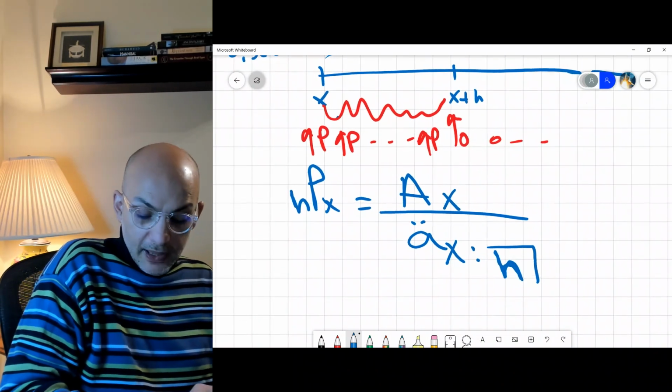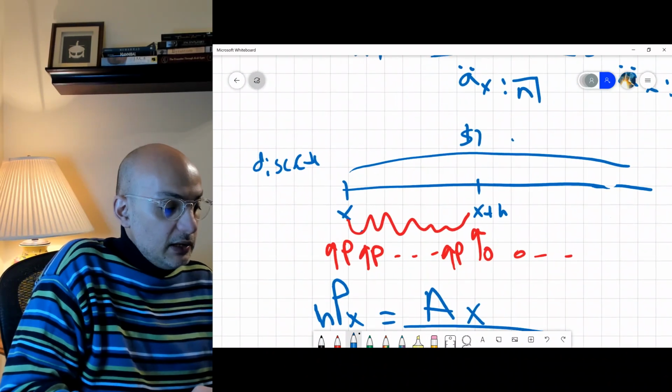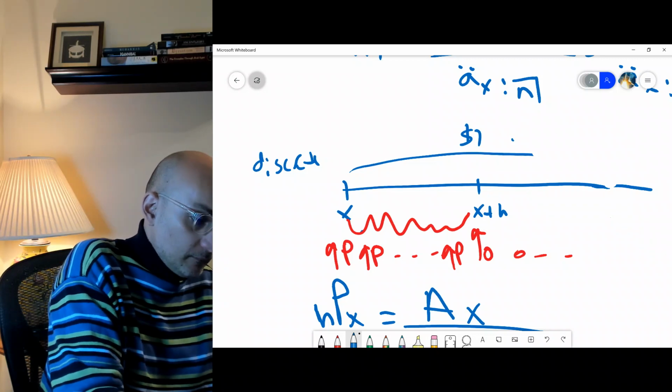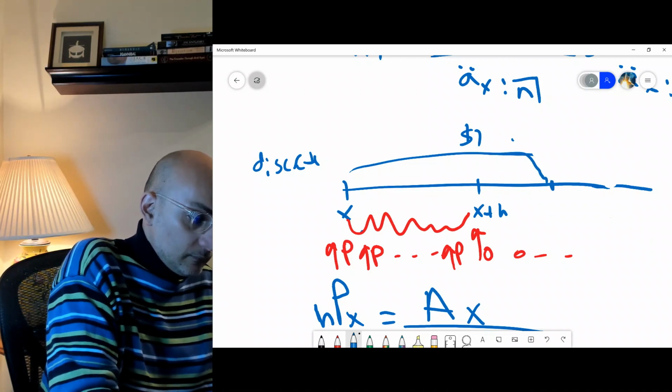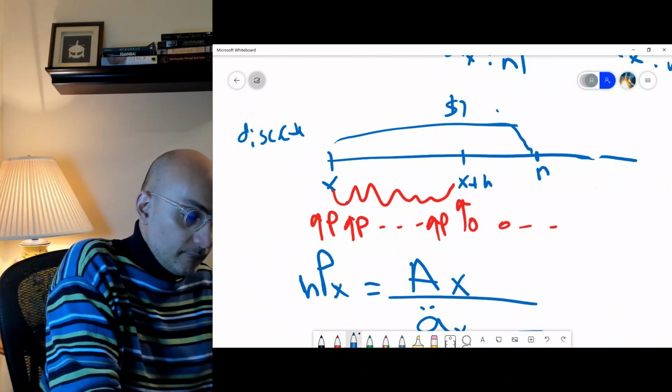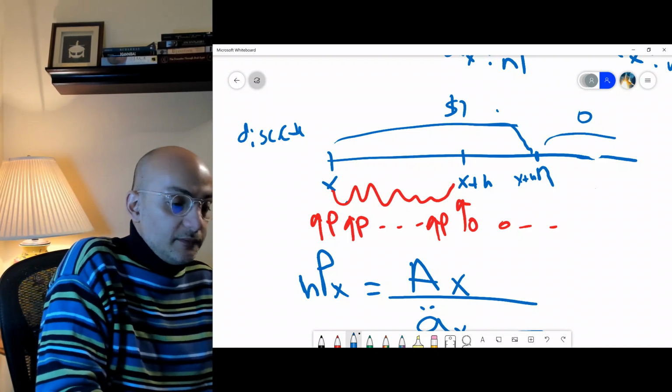Simple. You can play with it, right? Imagine if this one is paid only to N, and then after that 0.